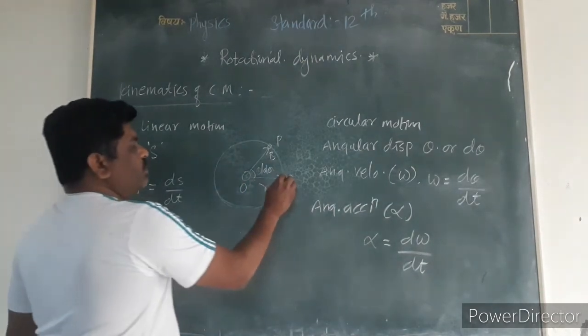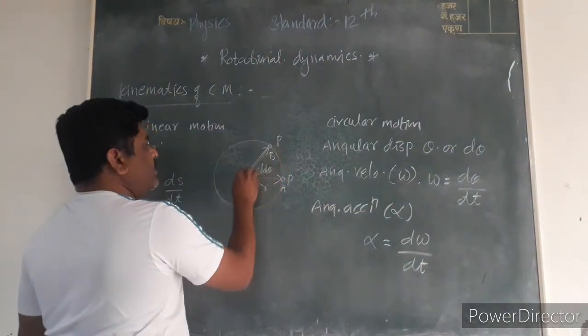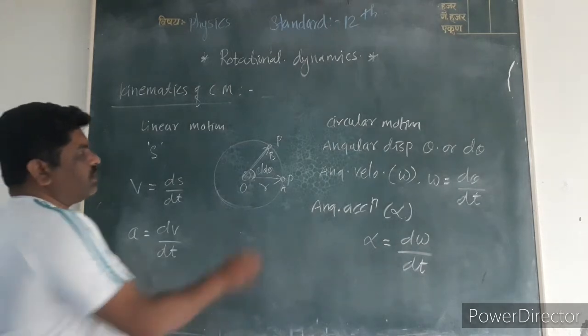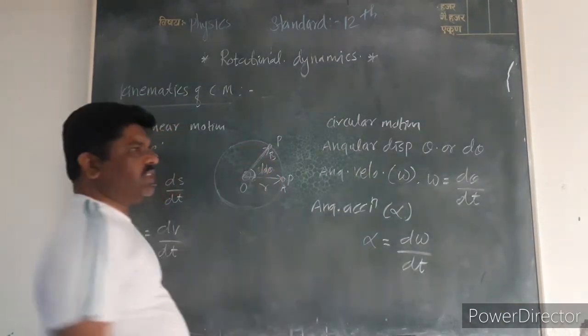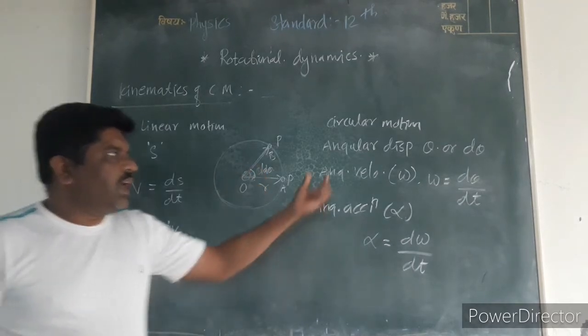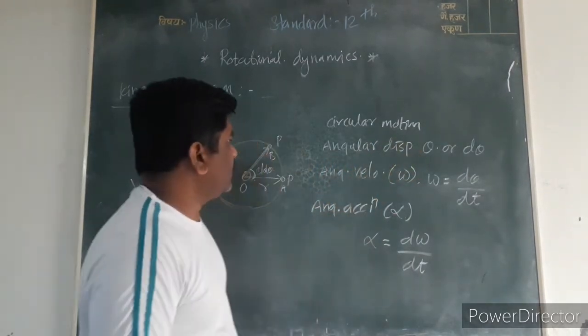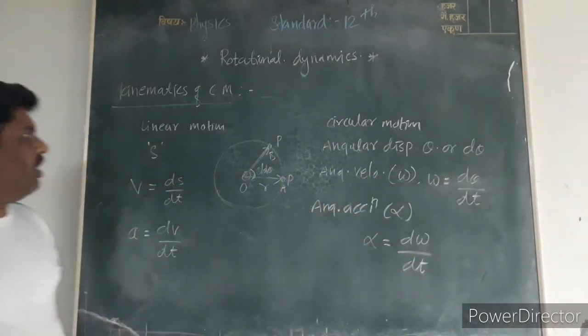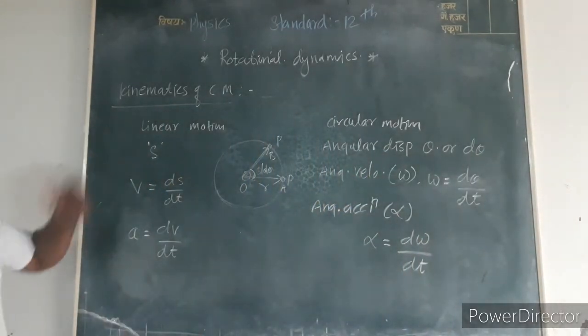The particle is displaced from A to B, makes some angle, that is theta or d theta, from this center using radius vector, and that angle is called angular displacement.